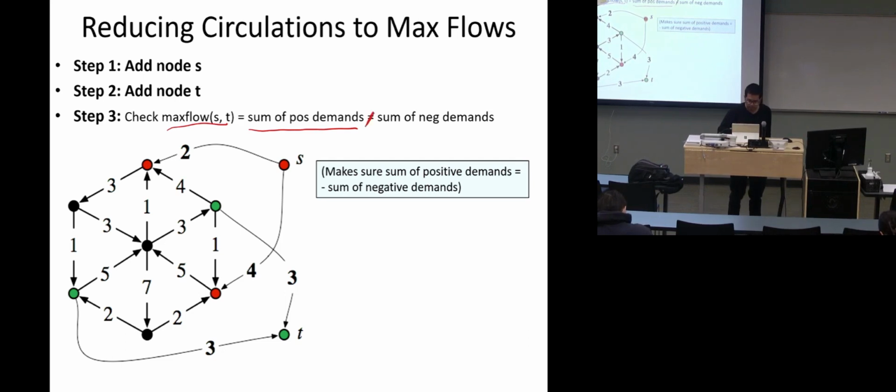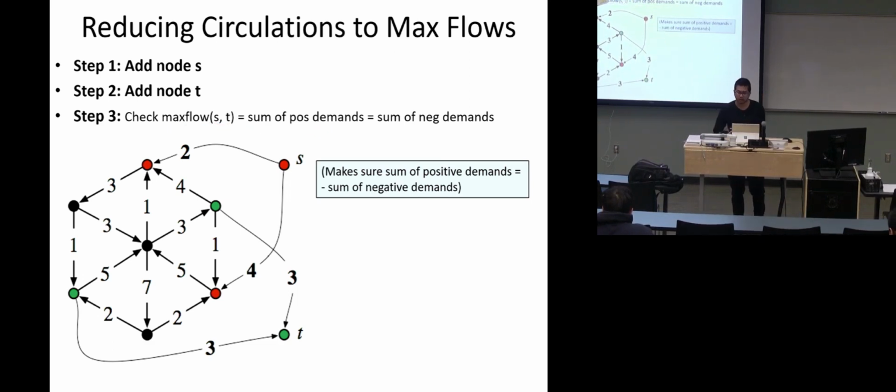If this is not the case, the circulation cannot exist. The sum of negative demand and positive demand must be the same, otherwise the circulation doesn't exist.